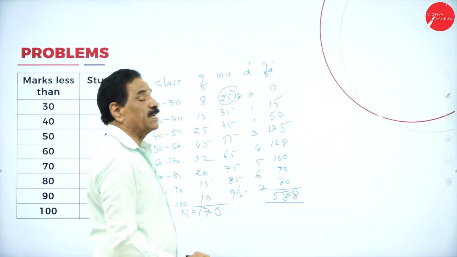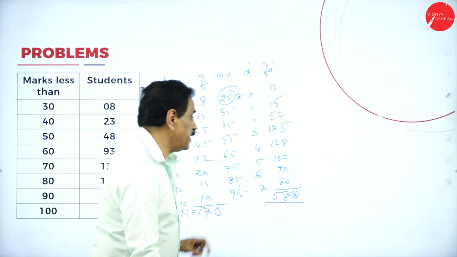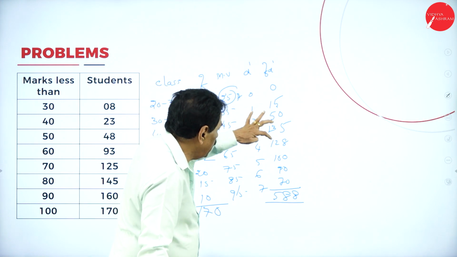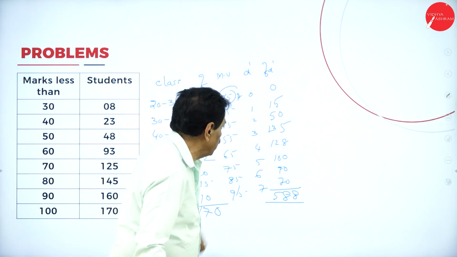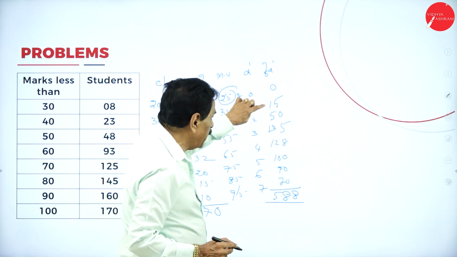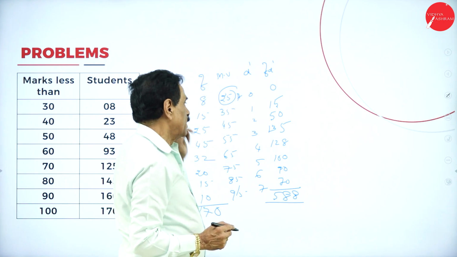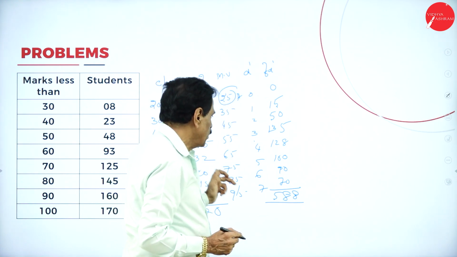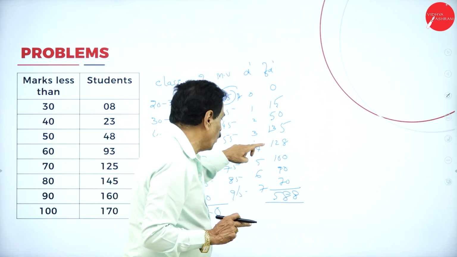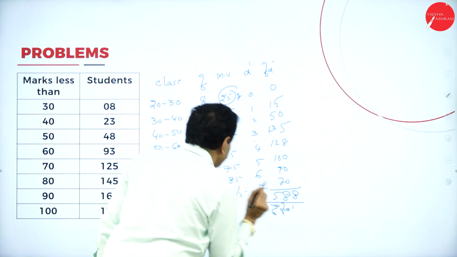Check the number once again. 5 plus 5, 10, plus 8, 18. 1 carry. 1 plus 1, 2. 2 plus 5, 7, 7 plus 3, 10, 10 plus 2, 12, 21, 28, 2 carry, 2 plus 1, 3, 4, 5. 588. This is sigma f dash t dash.